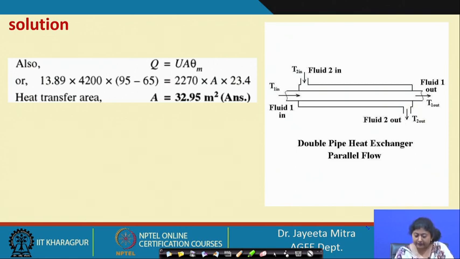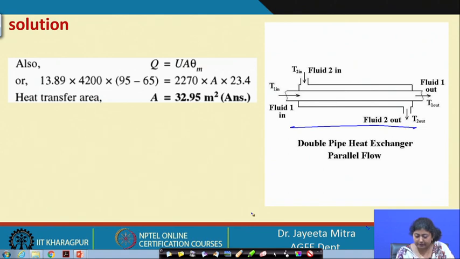So, it was given that it is a double pipe heat exchanger. So, it will look like this, double pipe parallel flow, with the surface area of heat transfer that you are getting, this surface area. Okay. So, this is actually 2 pi RL and this will be 32.95 meter square.